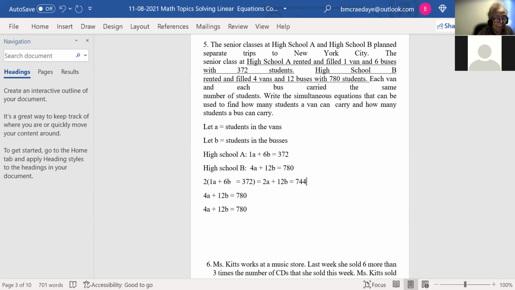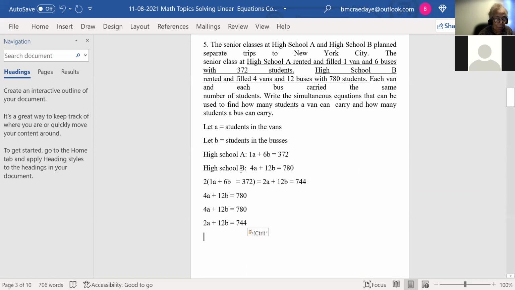So we have 12B. We can take this equation and subtract it from this one. Then you'll see we'll have just one variable left.